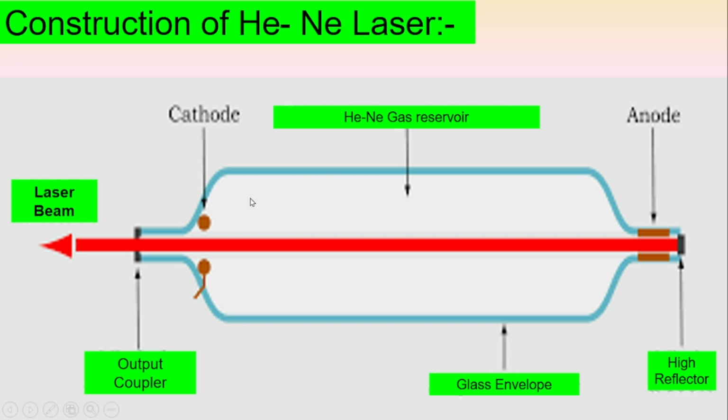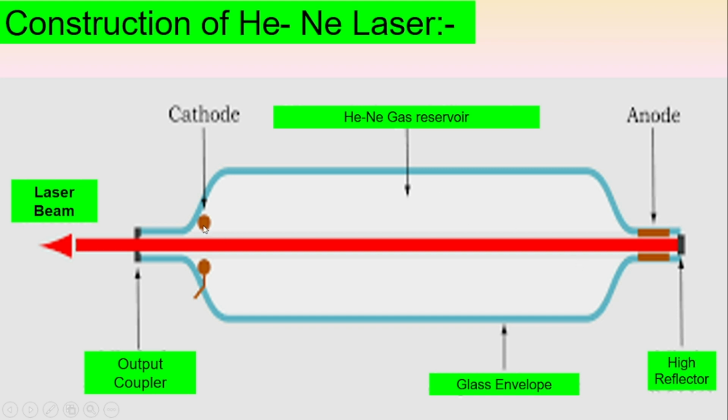This is the construction of a helium neon laser, in which this is the tube, or we can say a glass envelope, in which the helium neon gas mixture is kept, and this is the laser beam, and this is the output coupler, and this acts as a high reflector.